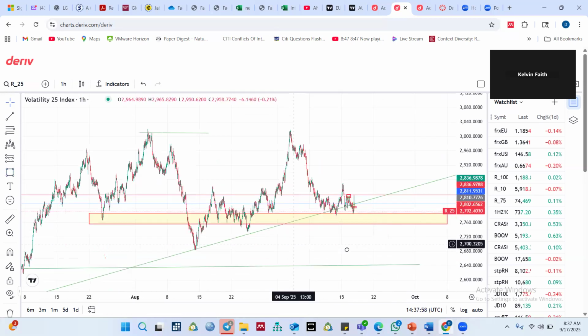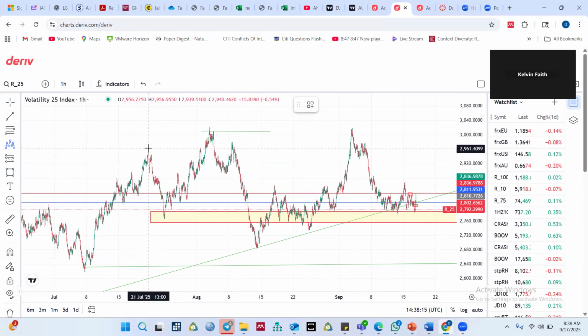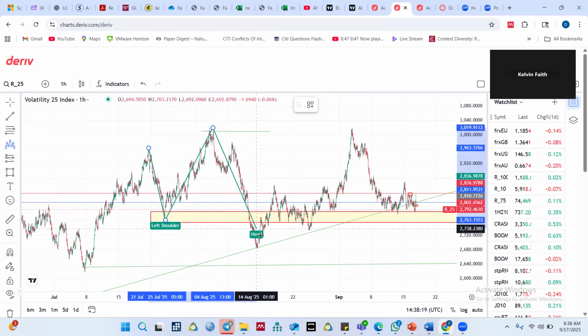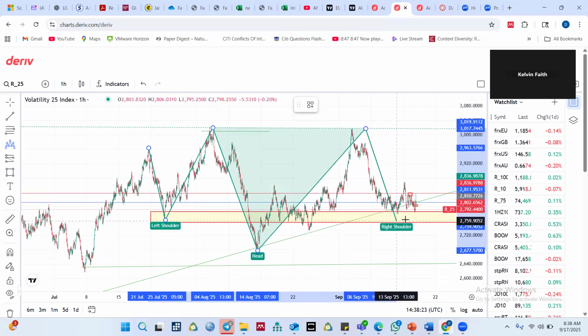Another thing that I'm seeing, I think I've already mentioned it, is if this bullish head and shoulder pattern is going to work, here, here, here.